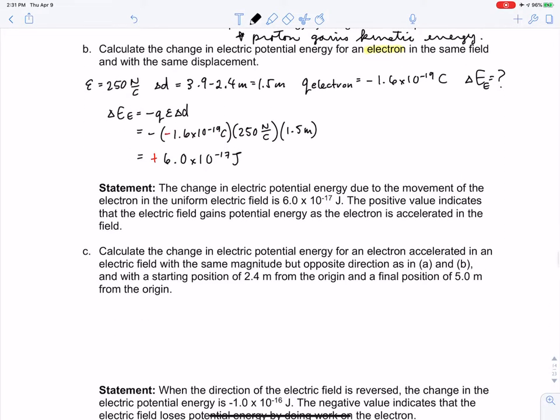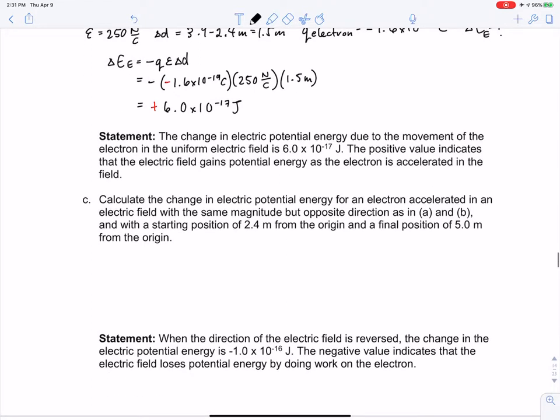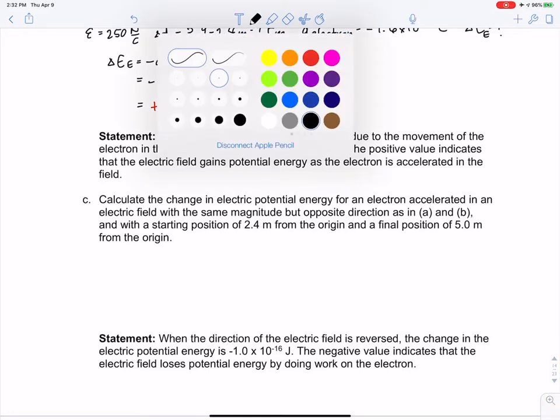Okay, in part C, we want to calculate the change in electric potential energy for an electron accelerated in an electric field with the same magnitude but opposite direction as in parts A and B, and with a starting position of 2.4 meters from the origin and a final position of 5.0 meters from the origin. So let's make a note.